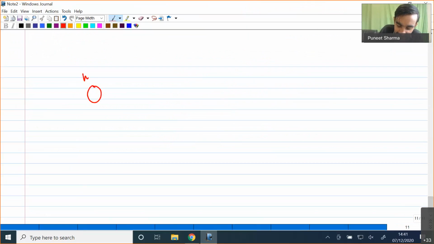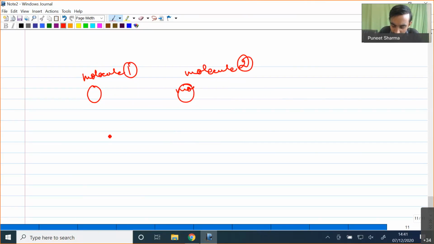For example, if I consider a molecule 1 over here and another molecule 2 over here. When these molecules come very close to each other, they will have some repulsive force, and when they are far apart, there is no interaction.